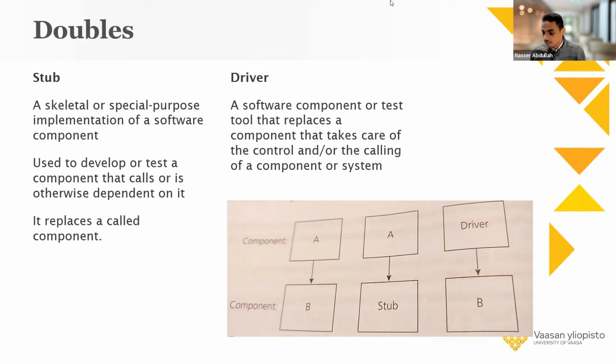And you have the other case: if the calling function, which is A, is not ready, and you want to test B, you will create code and use it for testing B. Since A is not ready and A should call B, this code is called a driver. So we have stub and driver, and both are used when not all the components are ready.